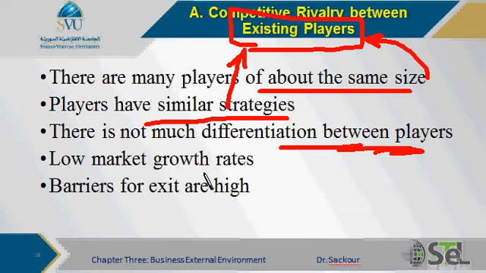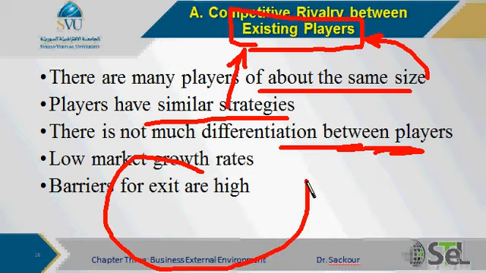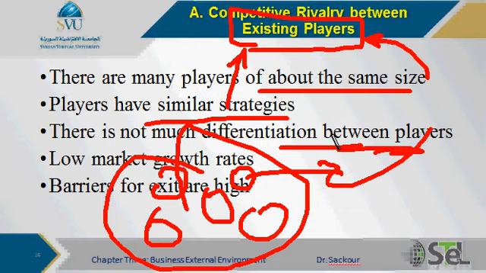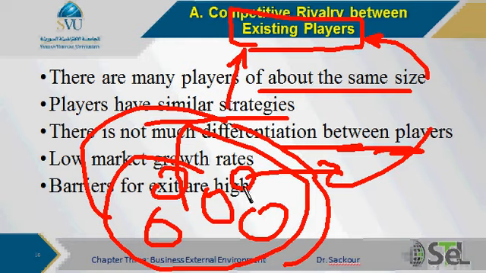Barriers for exit are high. When barriers for exit are high, what does that mean here? Some companies are working in this industry, and let's suppose we have 5 players. One of those players wants to get out of the market, but there are many barriers stopping him from getting out.